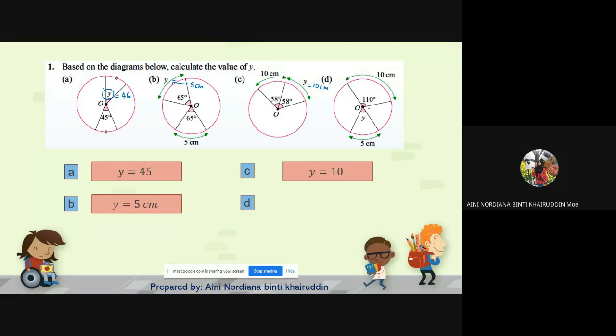Next D, as you can see, the length of arc here is double, so angle here is reduced by half. So y equals to 110 divided by 2, which is 55 degree.